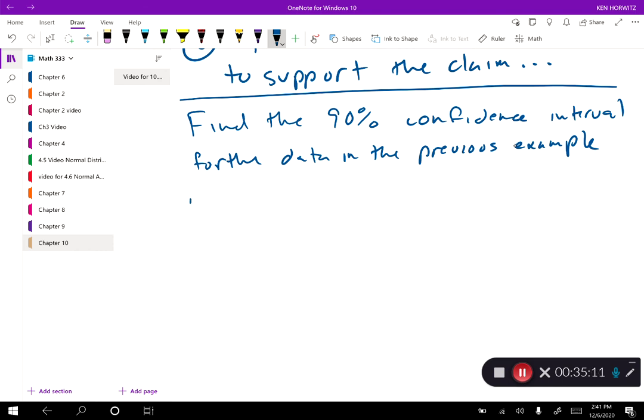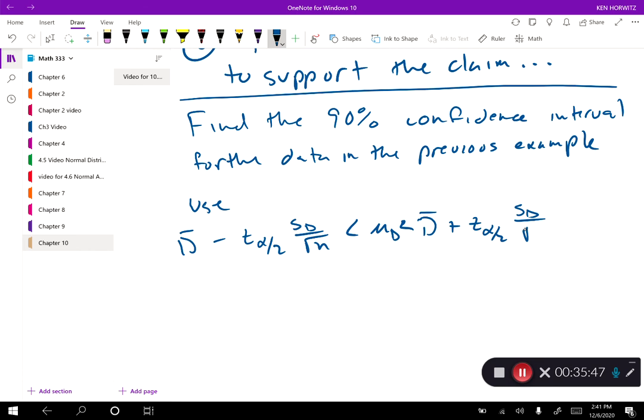Right, so we're going to use this formula, which is d bar minus t alpha divided by 2 times our standard error, which is going to be less than the mean of our differences, and then d bar plus t alpha divided by 2 times our standard error.